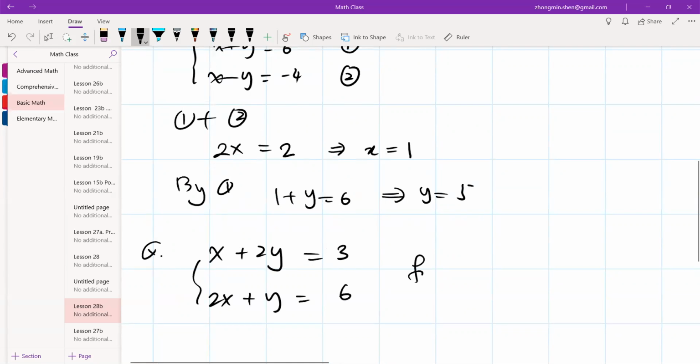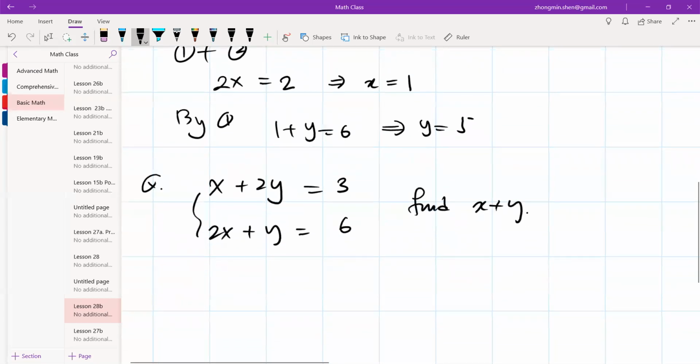Find the value of x plus y. All right, so how do you solve this problem? There are 2 different ways to solve: a direct way, step by step, and a quick shortcut. If you find x and you find y, then add them together. So let's do it this way.